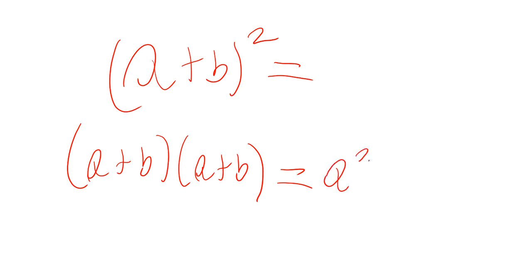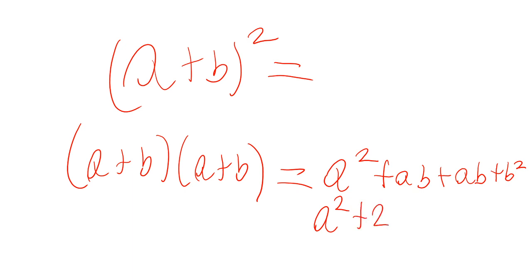That's a squared plus ab. We have b times a, which is just ab, plus b squared. ab plus ab, that's 2ab. a squared plus 2ab plus b squared. That's our expansion.